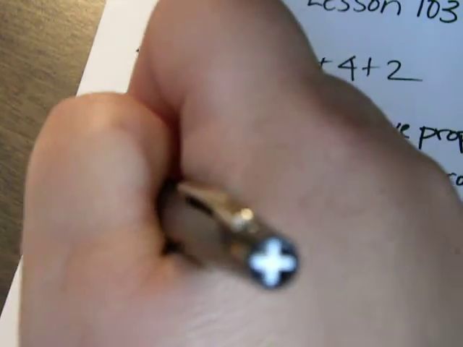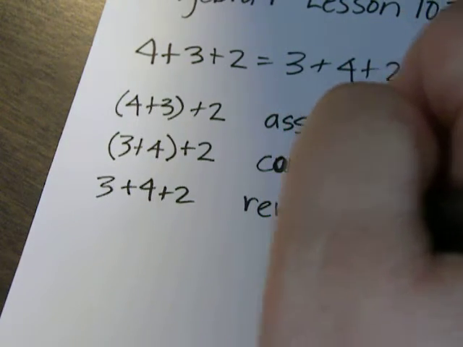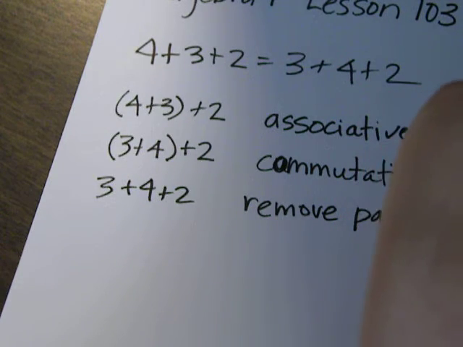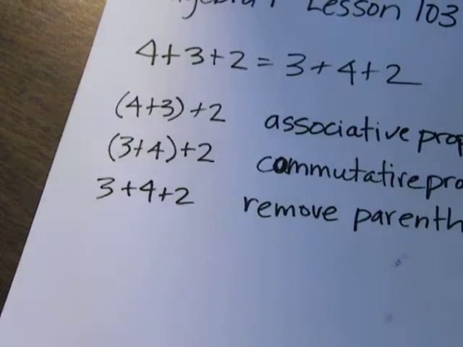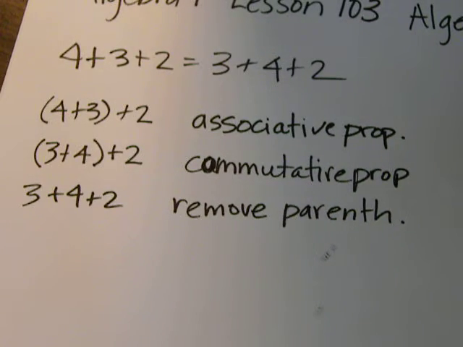And then the last thing that we do is remove parentheses. It's a short little proof proving that 4 plus 3 plus 2 is the same as 3 plus 4 plus 2.